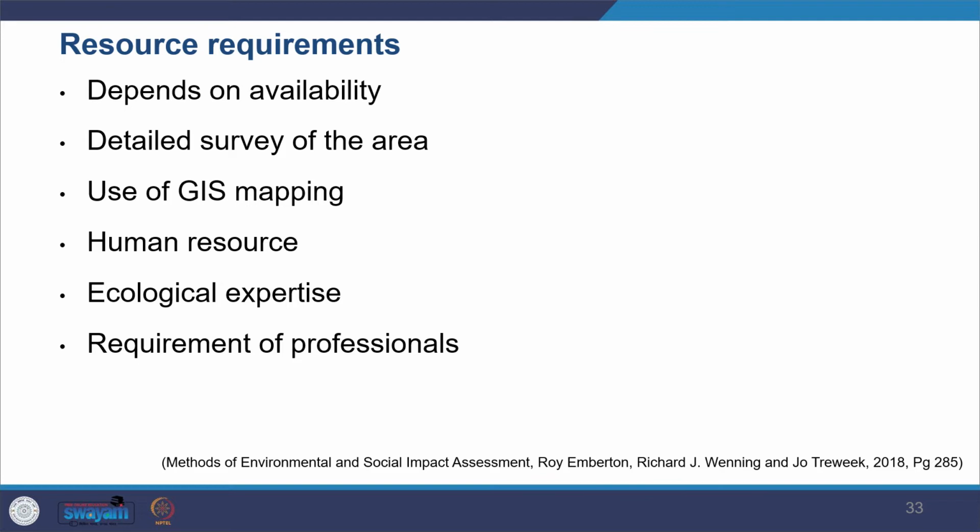You also need to look into the human resource, what kind of human resource you have, and you might also need ecological experts for your purpose. In this particular case, you might need licensed experts, so ecologists and professionals who have licenses. They would need certificates and licenses, and only then can they undertake these kinds of studies.